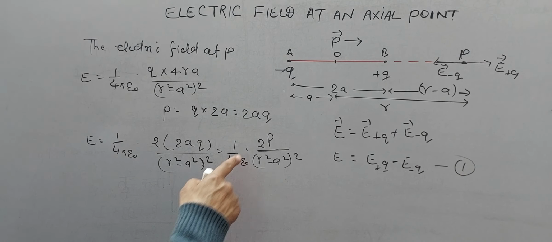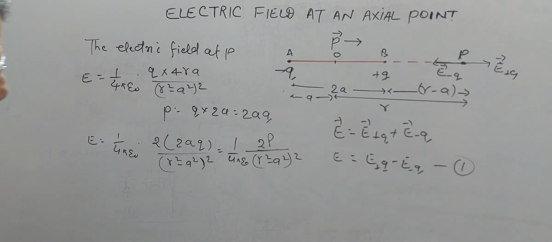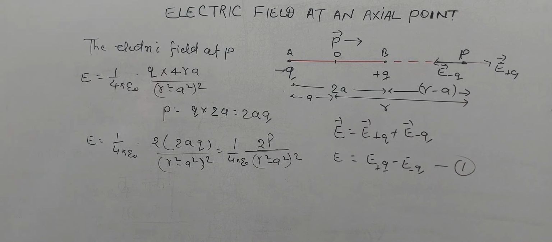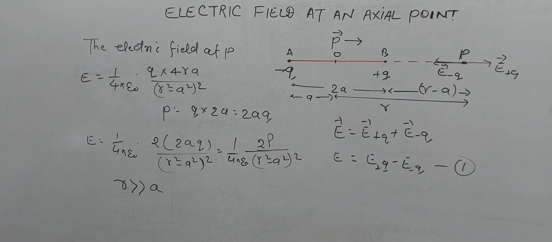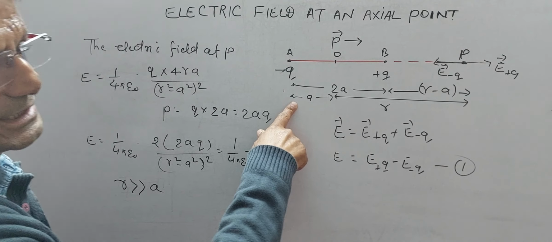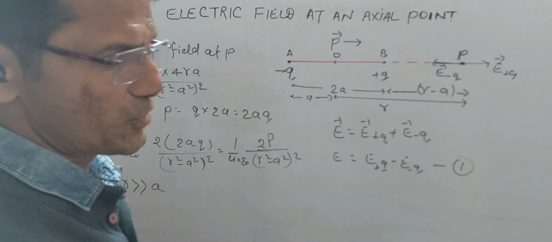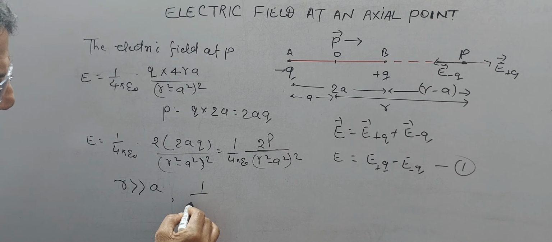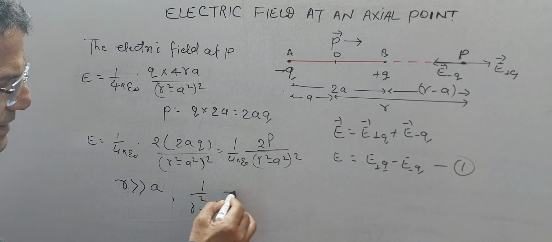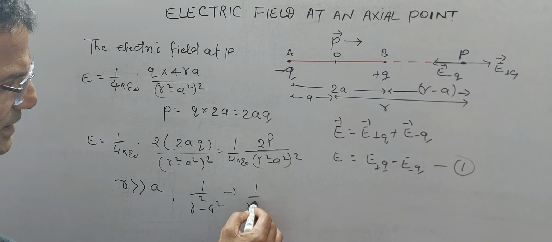Yes, this is one formula, and it has another form also. If r is greater than a, that is, if point P is far from this electric dipole, since we place these two charges minus q and plus q at short distances, in that case 1 upon r square minus a square is replaced with 1 upon r square.